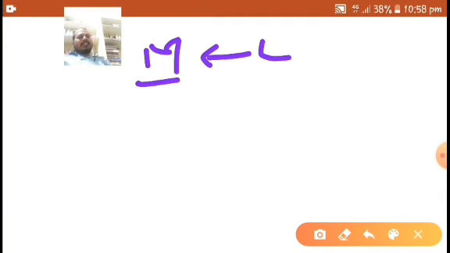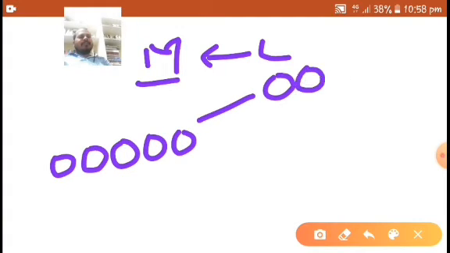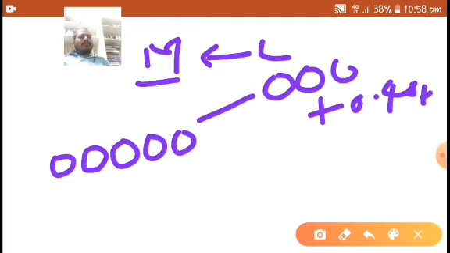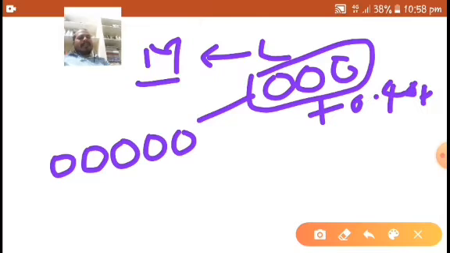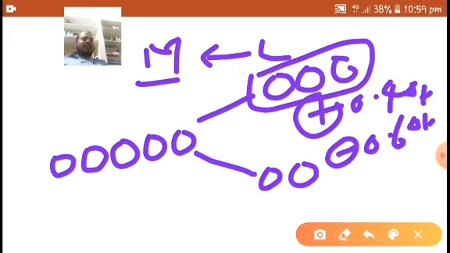So the energy of T2g orbitals will be increased by 0.4 delta T, because these T2g orbitals lie between the axis, and the energy of Eg orbitals will be decreased by minus 0.6 delta T. Minus indicates lowering of energy, plus indicates increasing of energy. The difference between them is delta T, called the tetrahedral splitting energy, right?